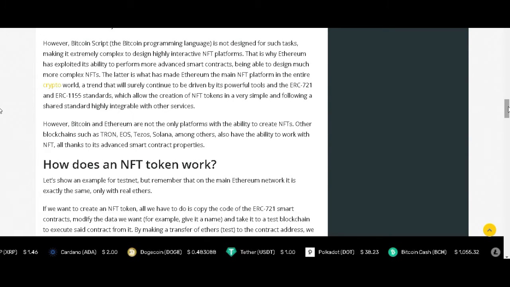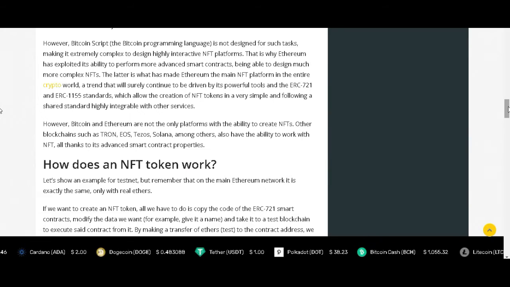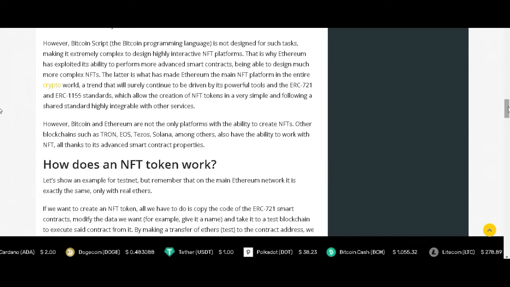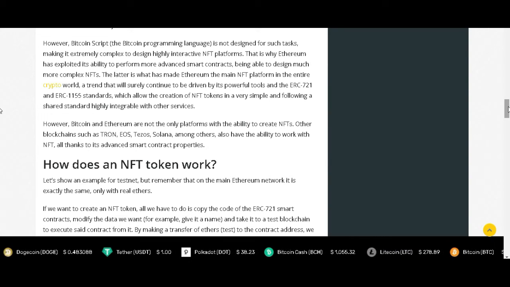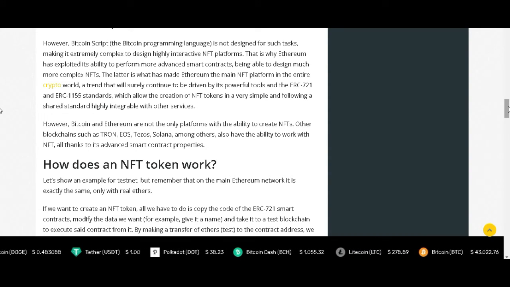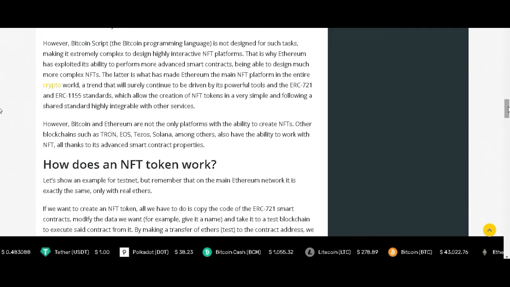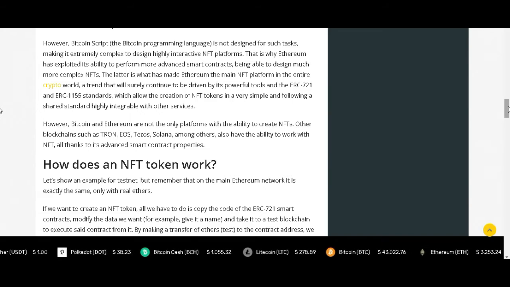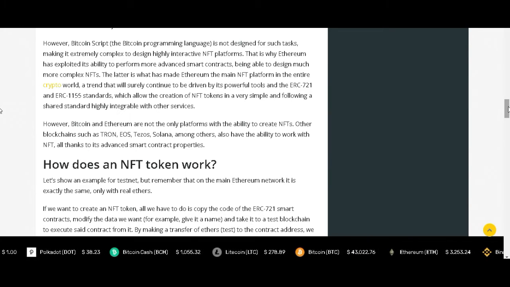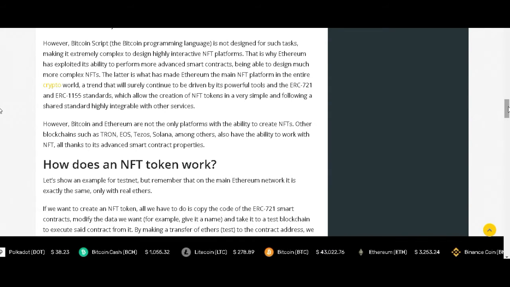The latter is what has made Ethereum the main NFT platform in the entire crypto world, a trend that will surely continue to be driven by its powerful tools, and the ERC 721 and ERC 1155 standards, which allow the creation of NFT tokens very simply and following a shared standard highly integrable with other services.